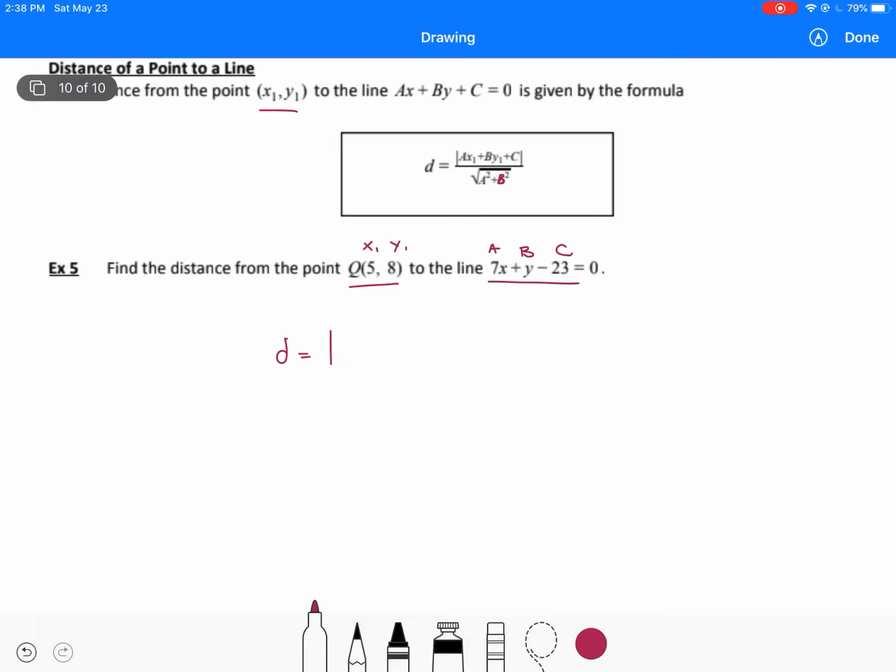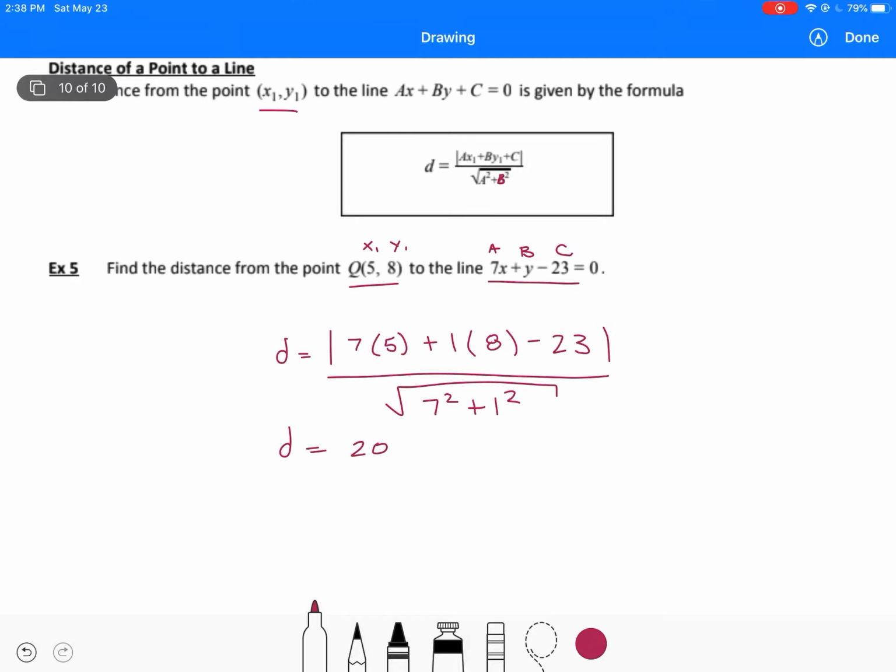So we've got a times x1 plus b times y1 minus c. Those bars on the top are just an absolute value sign. And then on the bottom, we've got the square root of 7 squared plus 1 squared. So we get 20 on the top and root 50 on the bottom, which works out to about 2.83 units.